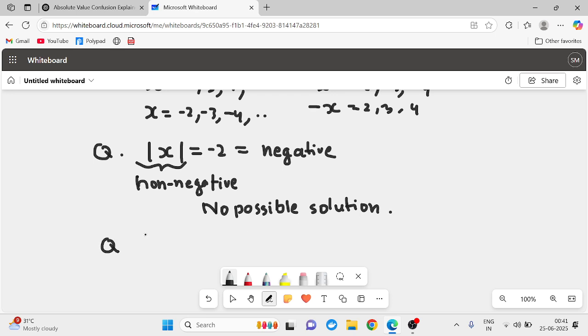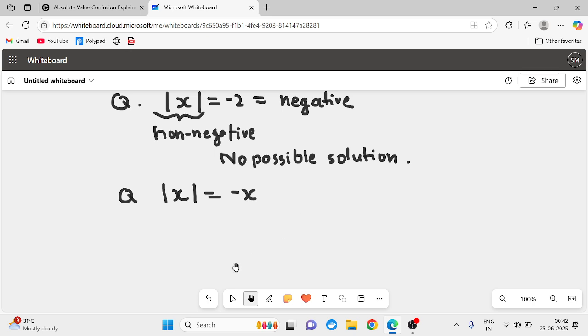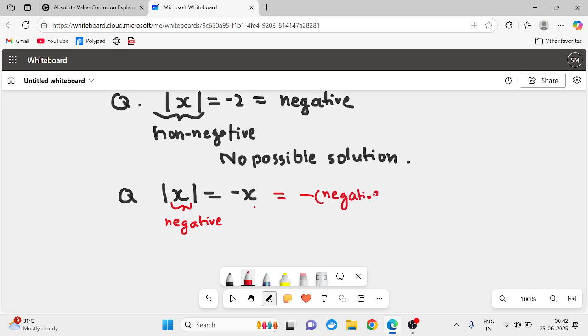But if I write mod x is equal to minus x, we have a cognitive bias, we feel this to be like a numeric 2, 3, 4. We forget that this is a variable. This misunderstanding, we have it and we continue to have it. So look at it. If I choose x to be negative, this right side will become minus of a negative quantity, which eventually will be what?